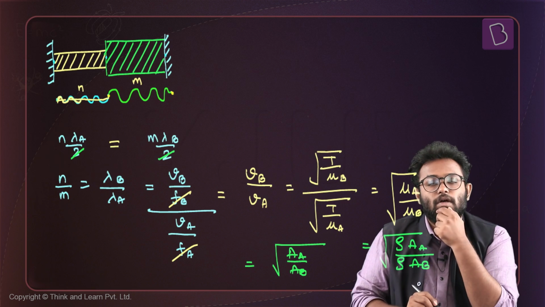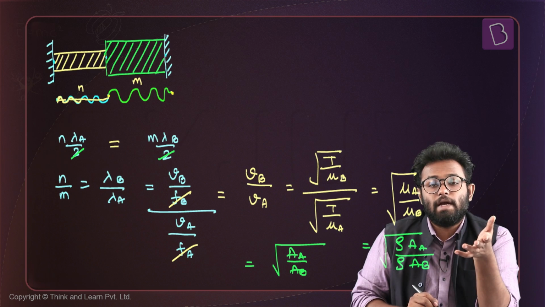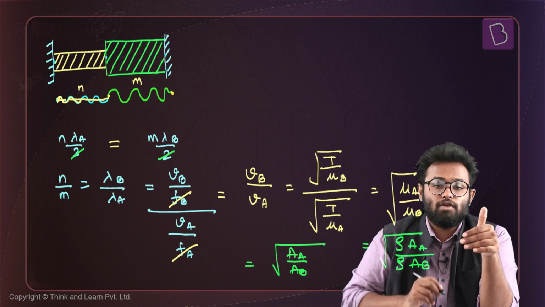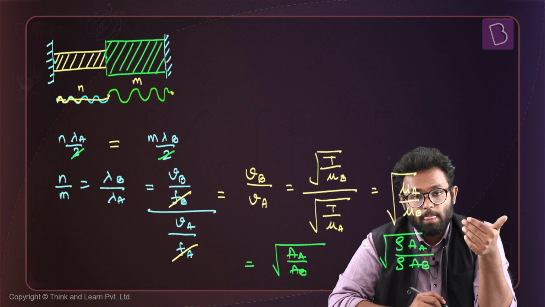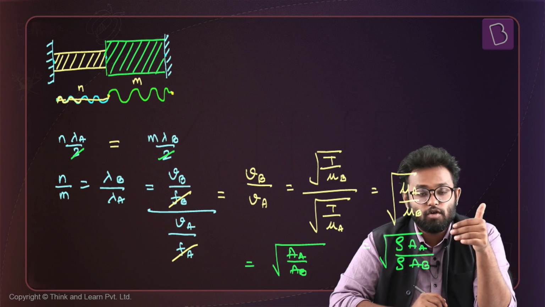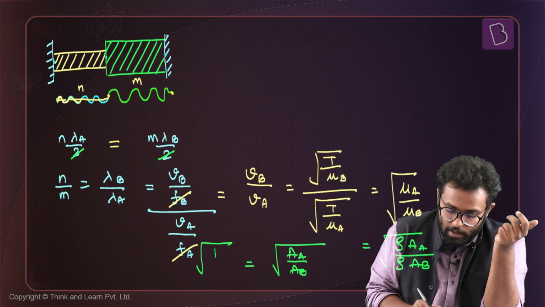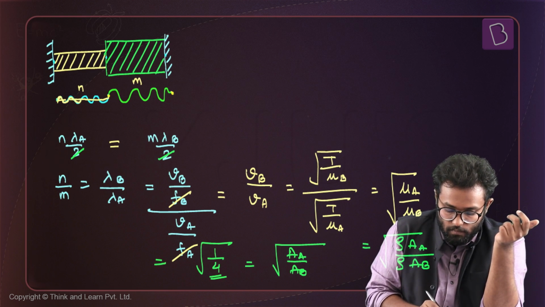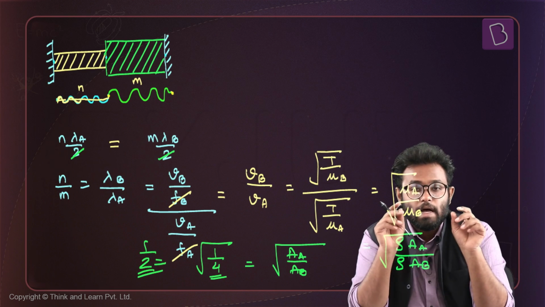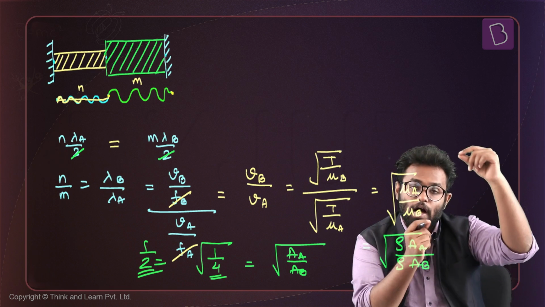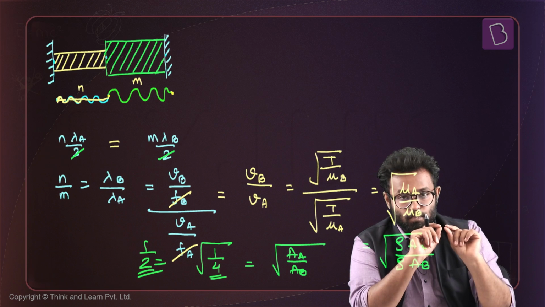What would that become? The radius of B is given to be twice the radius of A. It means that the area of B would be 4 times because pi r square, right? So it will be under root of 1 by 4, that is 1 by 2. So the ratio of the number of half cycles that they have is 1 by 2, right?